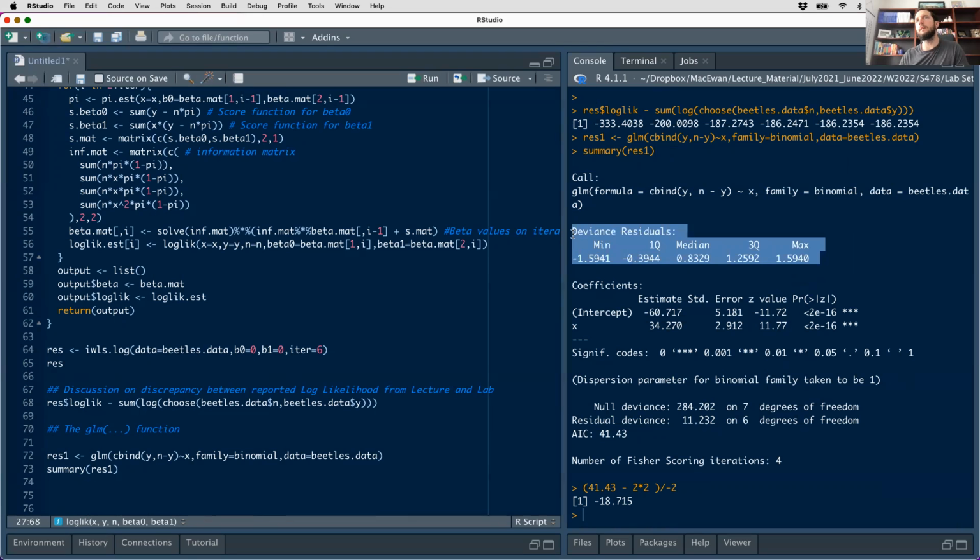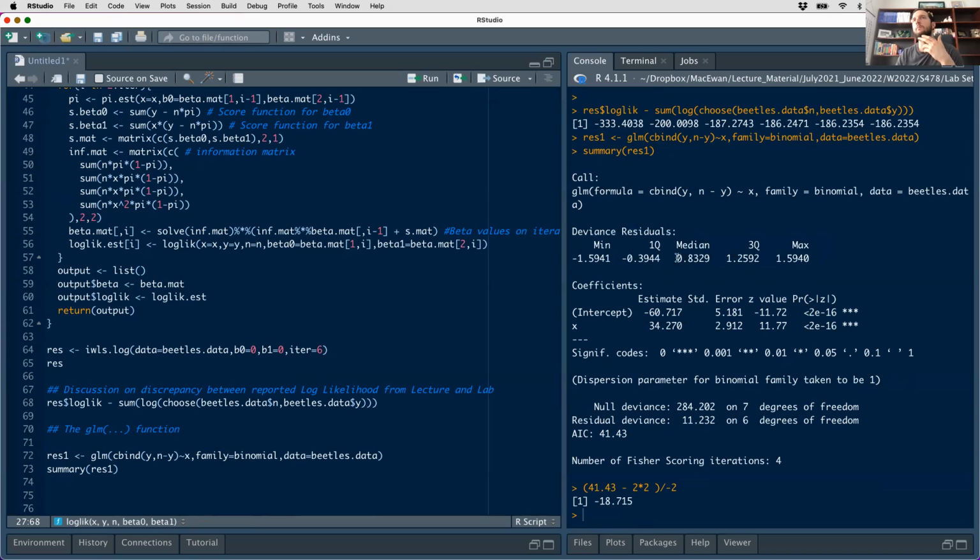The first column gives us the 5-number summary of what are called the deviance residuals. The deviance residuals are basically the terms for each observation that we add together to find the deviance. I'm going to define these formally in lecture set number 6, and I will also show you how we can compute these in R next week.